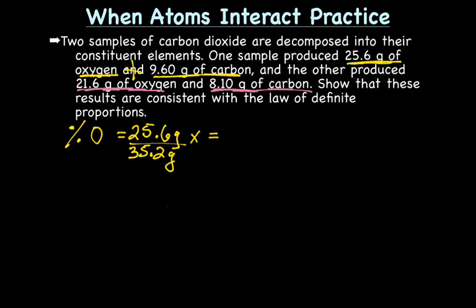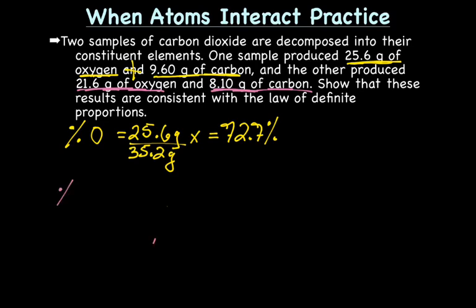3 sig figs when we do the calculations. If I did this correctly, I got 72.7% oxygen. Let's do this again for the second sample.